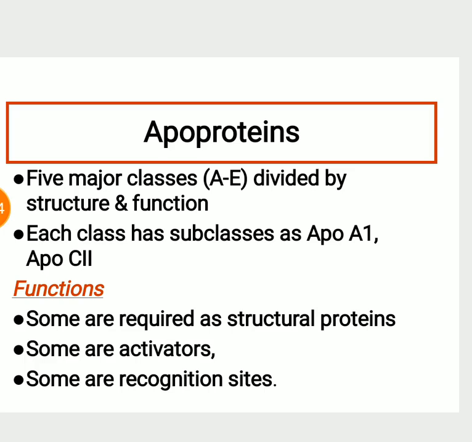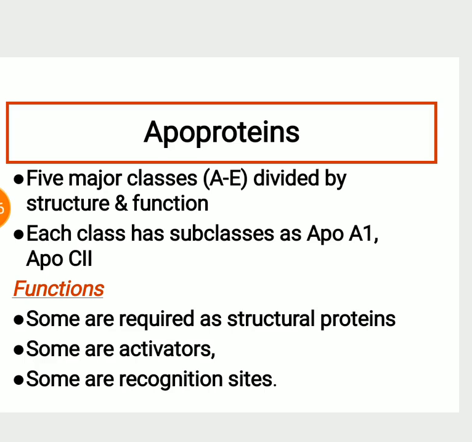These are some of the general functions, the major ones. The apoproteins are required for structure purposes, the way you see in a lipoprotein. Apoproteins form the structure, and they are activators of different enzymes.